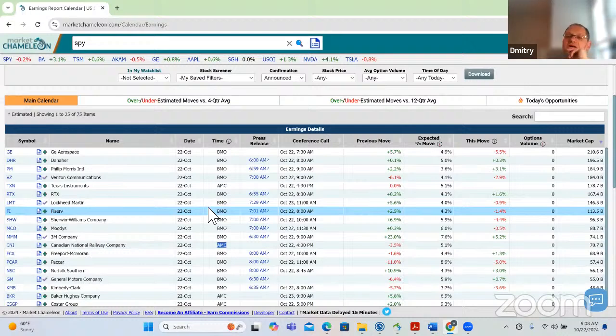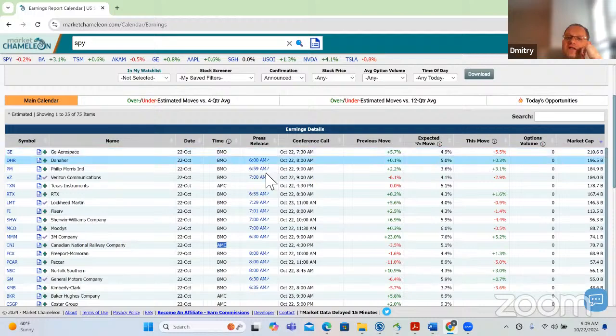So when we get a press release in the morning that they reported earnings, if we detect that press release and it gets put into our system, it will show up in this column, press release, with a time stamp when the press release was issued. So this allows you to click on it if you want to read the actual press release.